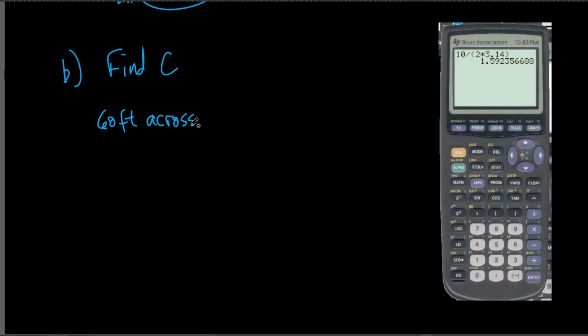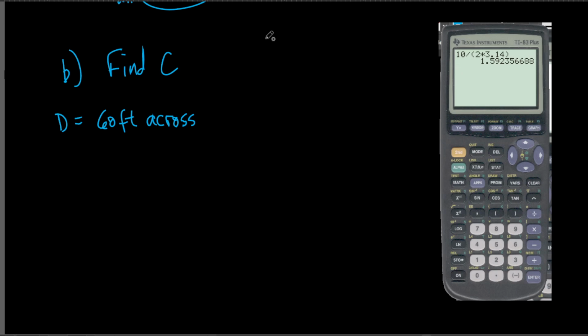What does 60 feet across mean when you're talking about a water tower? It's round. Across is the diameter, right? To go all the way across, it wouldn't be the radius, because what if you only went halfway? Is that all the way across? No. You go from one end to the other. That's across, okay? So it's 60 feet across, and we're trying to find the circumference. So this is the diameter.